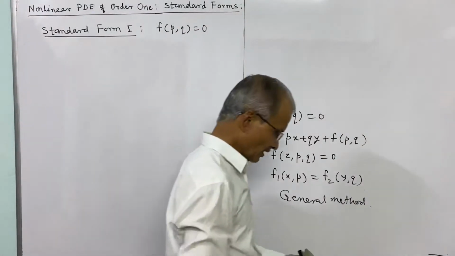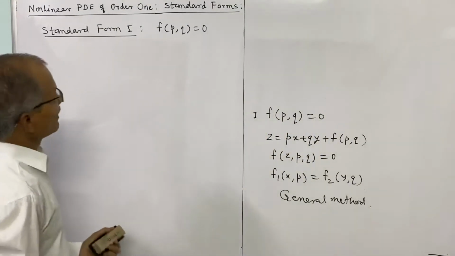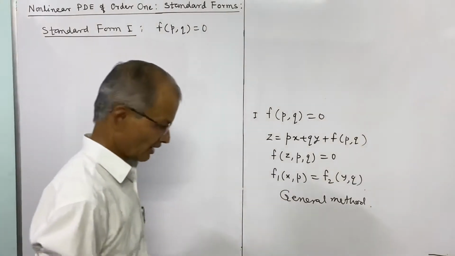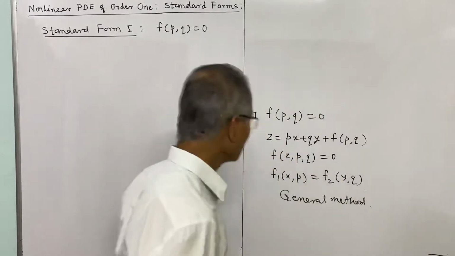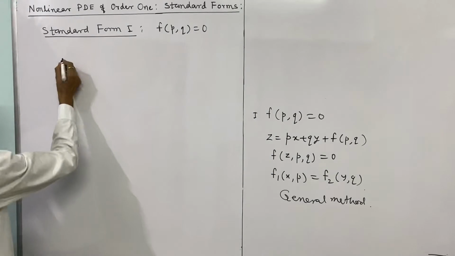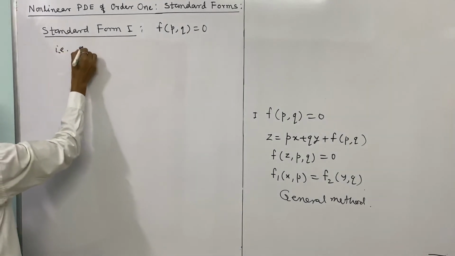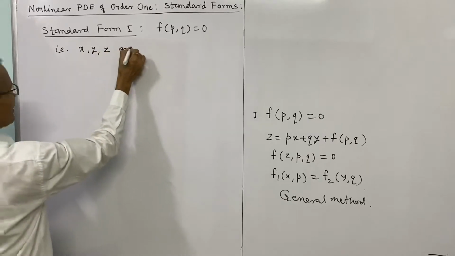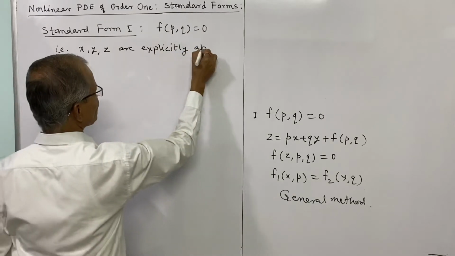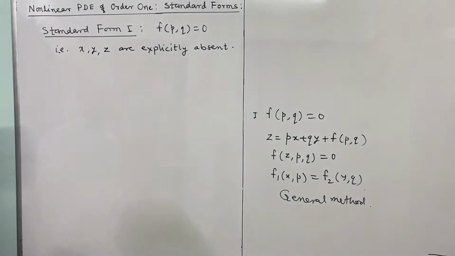Here we can see x, y, z are explicitly absent, and the function is only apparently a function of p and q, and it can be written as function of p, q is equal to 0. Apparently x, y, z are not expressed in this equation.